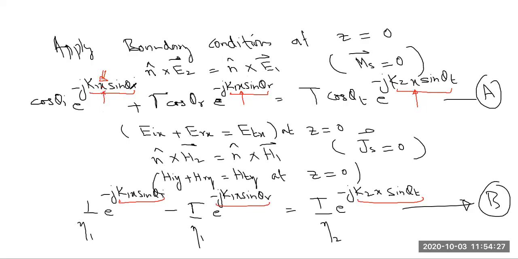If k1 sine theta I is different than k1 sine theta r, and different than k2 sine theta t, then this term can change. But if I put this condition that k1 sine theta I equal to k1 sine theta r equal to k2 sine theta t, then even if x changes, this factor will not change.